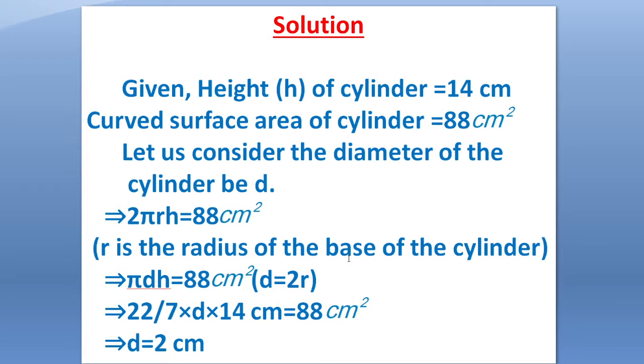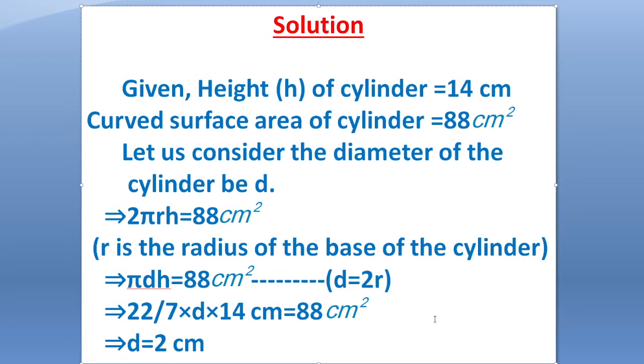Hence pi dh is equal to 88 centimeter square, because we take d is equal to 2r.